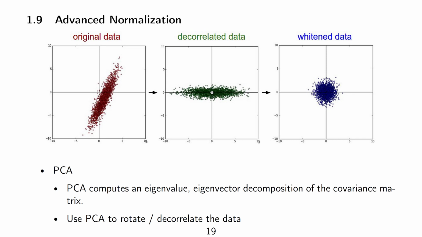So what you see here in the green data is that the first eigenvector is aligned with this x-axis and the second eigenvector is aligned with the y-axis. Also, this matrix factorization gives us eigenvalues, and the eigenvalues can be used to whiten the data. So this is called whitening the data.